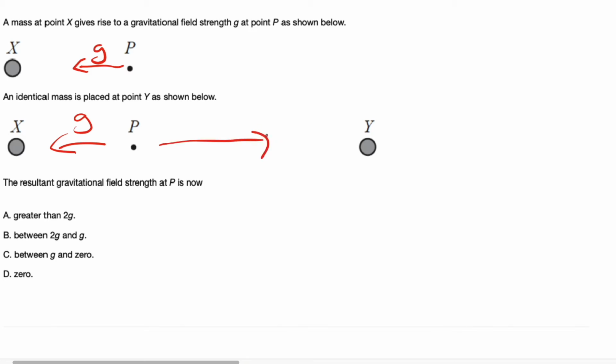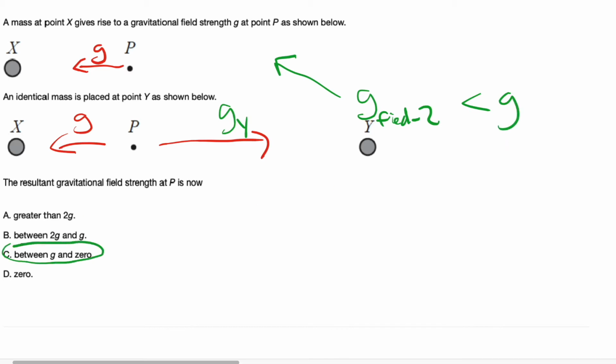And for Y, the gravitational force is going to point to the right. So from this, we know that the field strength here is going to be less than the field strength here. So it's going to be less than G. So only C is the correct answer.